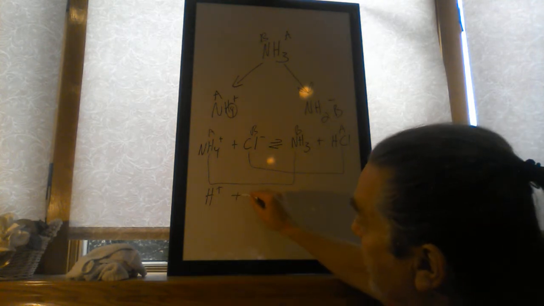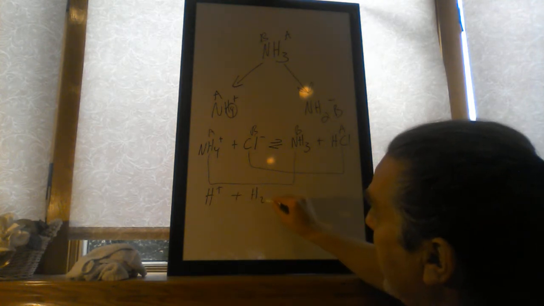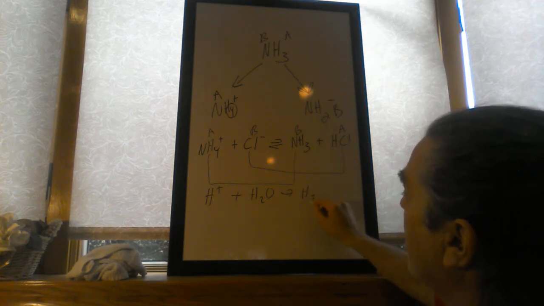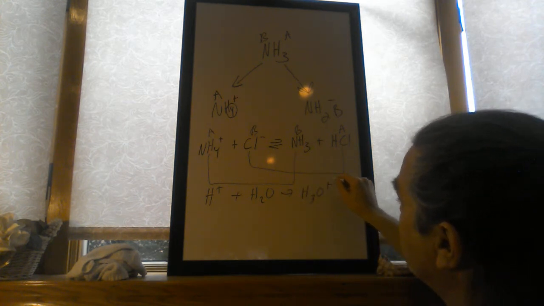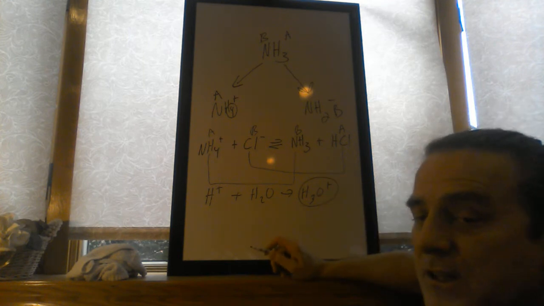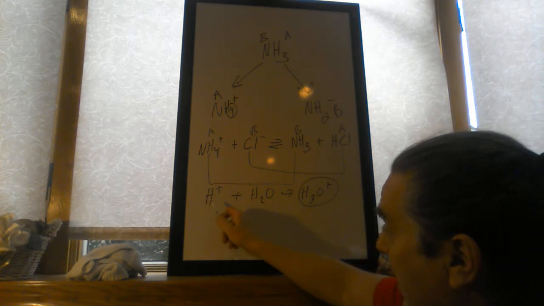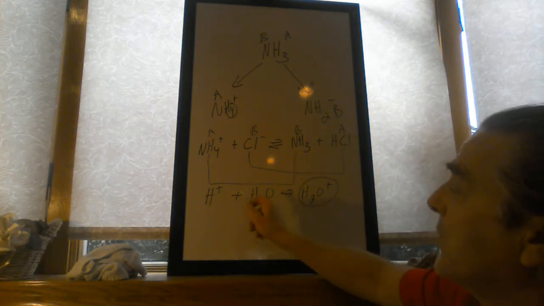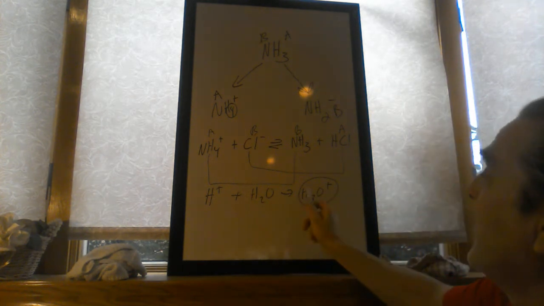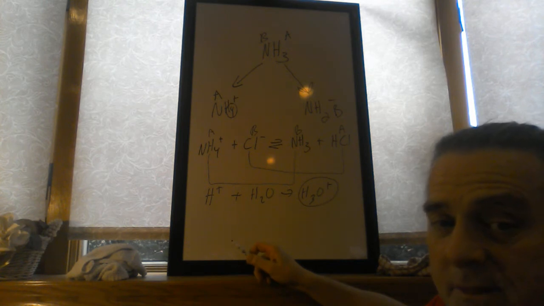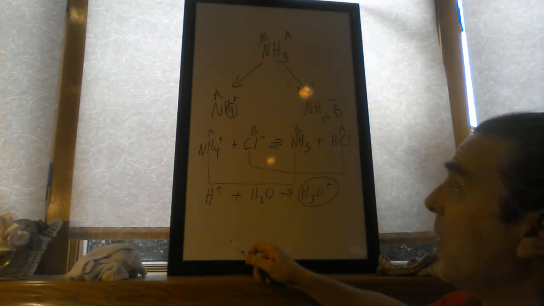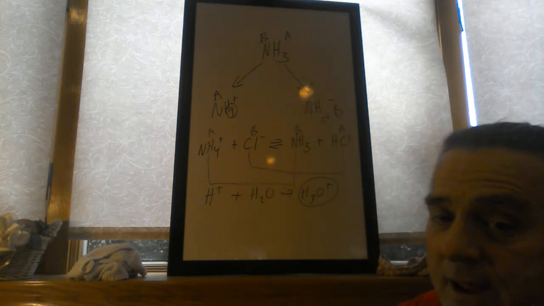So H positive would actually attach to H2O and then make H3O positive. This hydronium is actually the state of the proton. So when we say proton, we really mean hydronium. So if you hear proton or hear hydronium, it means the same thing. It represents the ion in the Arrhenius acid system, or for that matter, the Bronsted-Lowry acid system.